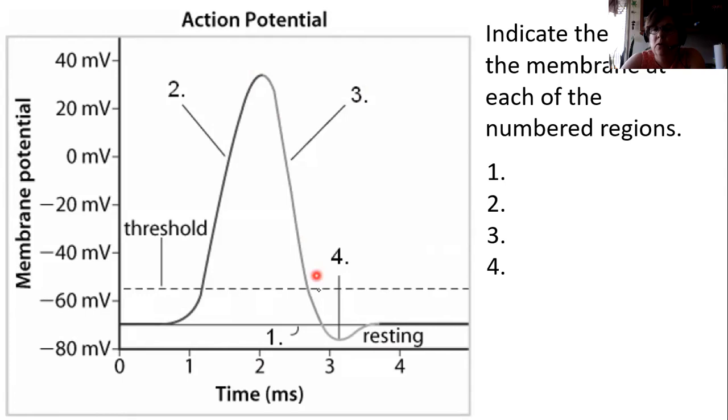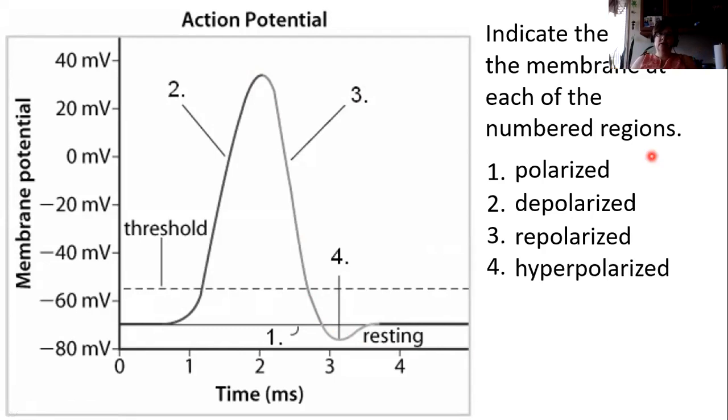Excellent, number 3 is repolarized, but now we have a dip. What ized word do I use for that dip? We've overshot it. Hyperpolarized. Perfect. So: polarized, depolarized, repolarized, and hyperpolarized.